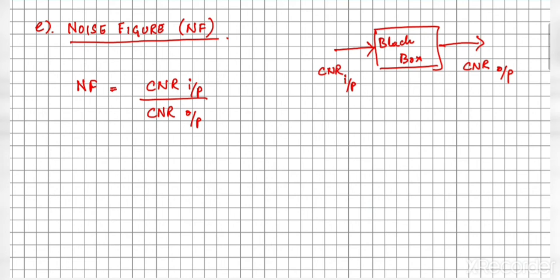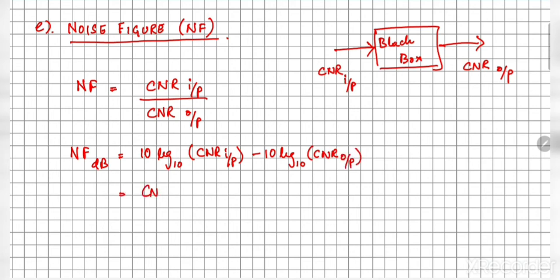And this black box that we have drawn here can be a particular component, like for instance an amplifier or a filter or any other component. And just by comparing the CNR at the output by CNR at the input, we get the noise figure of the particular system. This noise figure can also be expressed in the units of dBs. NF dB will be equal to 10 log 10 of CNR input minus 10 log 10 of CNR at the output.